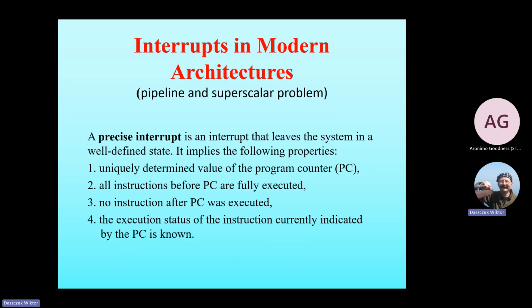Or in the case of a jump, it is covered with the jump address. All data elaborated in the instruction are stored in registers or sent to memory. Everything is clear. That's why those interrupts are called precise.